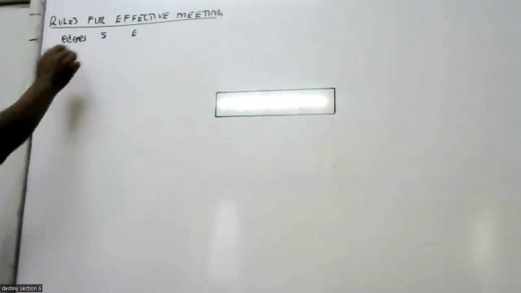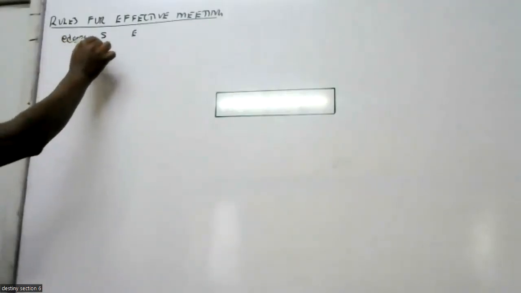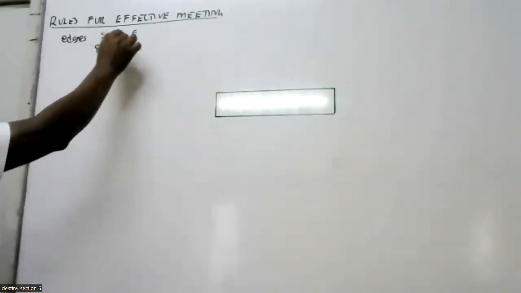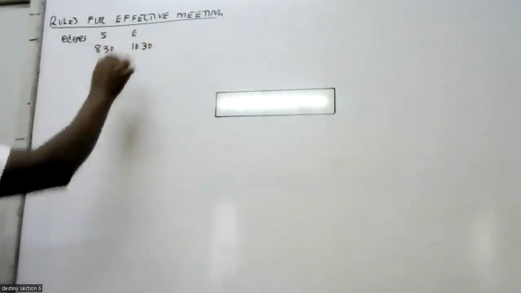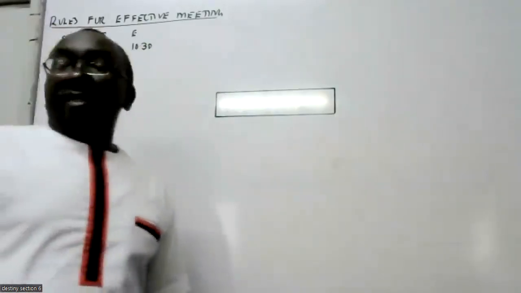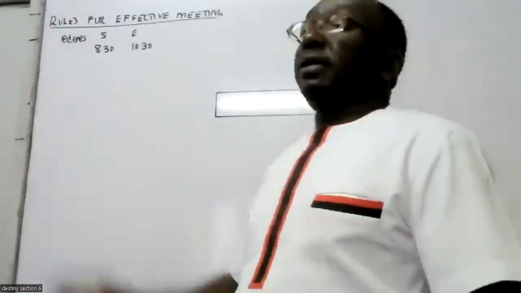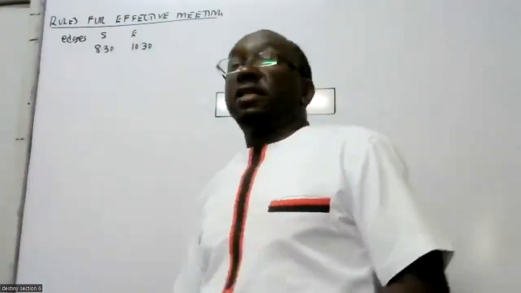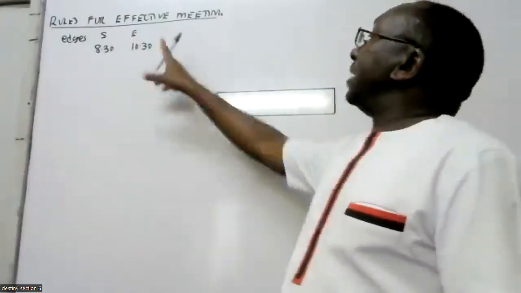If we say our meeting is starting at 8:30, let's all be here at 8:30. If we say it is going to end at 10:30, let's run the meeting up to 10:30. Not starting much earlier or later than 8:30, not finishing too early, and again not overextending.